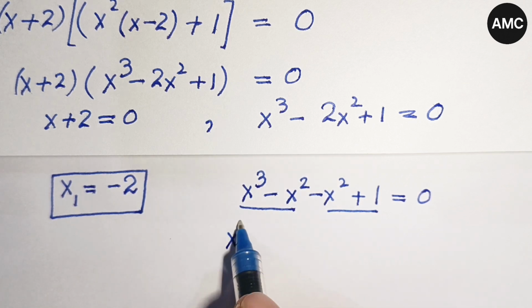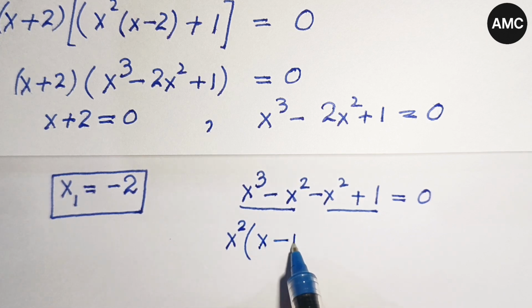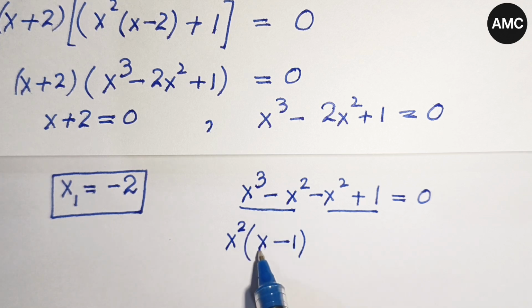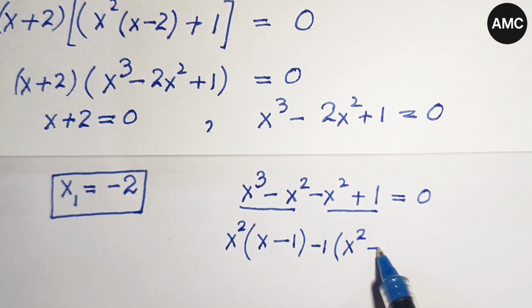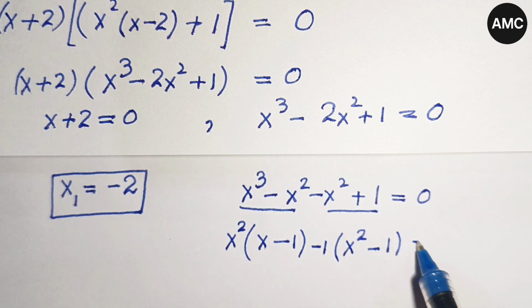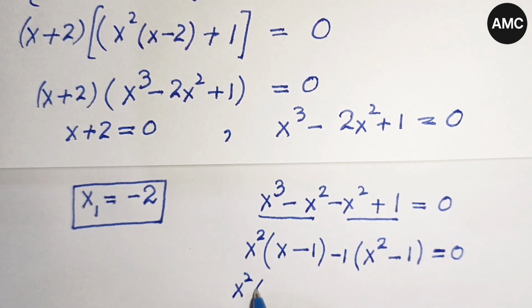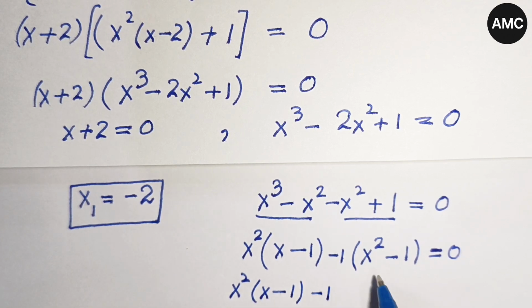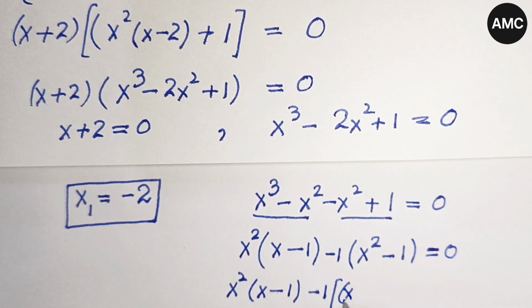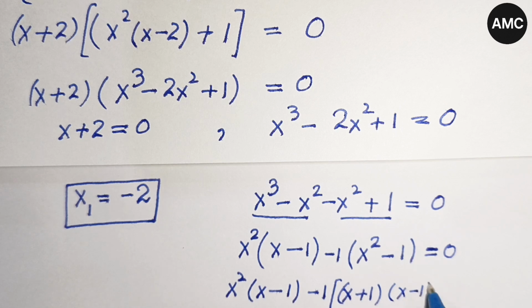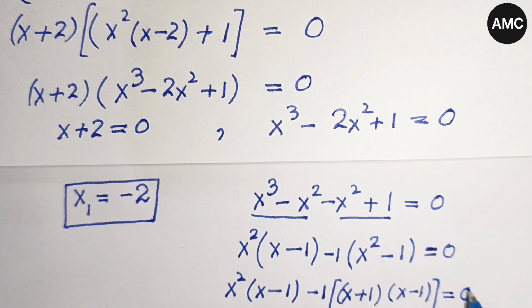Now here we take x squared common, so inside the bracket we get x − 1, and here we have x − 1, so here −1 is taken common, so we get x squared − 1, that is equal to 0. So x squared times (x − 1) minus 1 times (x squared − 1), and according to the algebraic identity we can write (x + 1)(x − 1), is equal to 0.